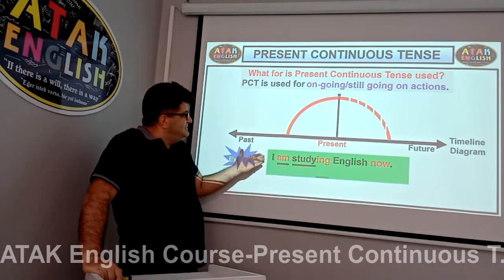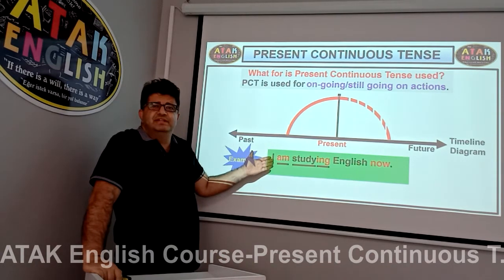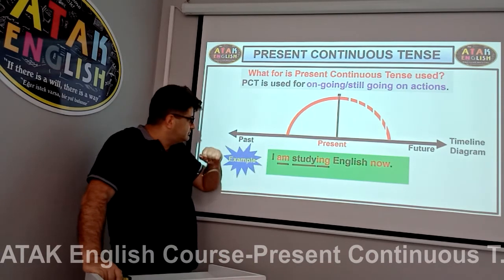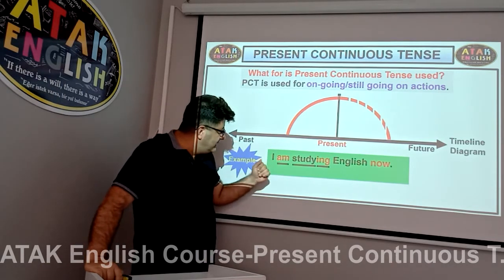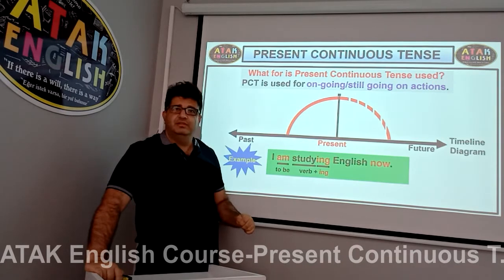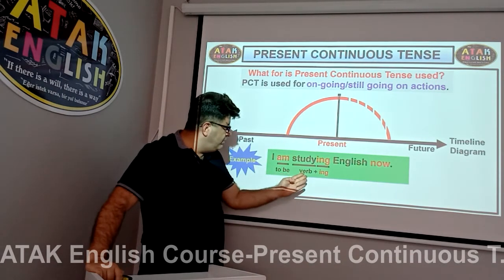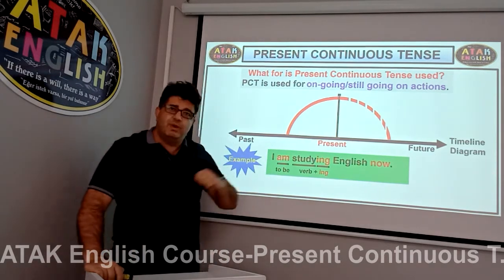Okay, how do I understand that this sentence is made in present continuous tense? To be, verb, ing. That's our format, okay? To be, verb, ing. What else?